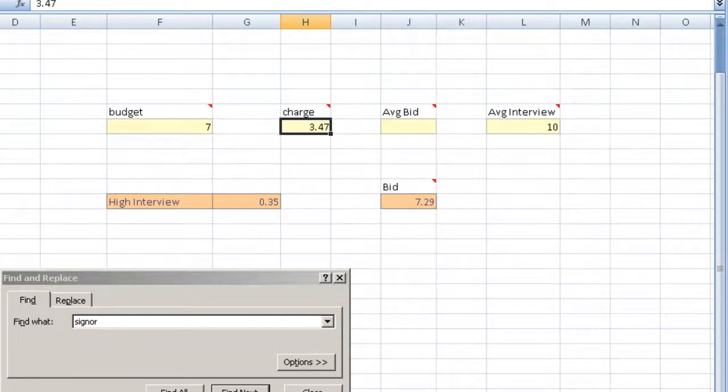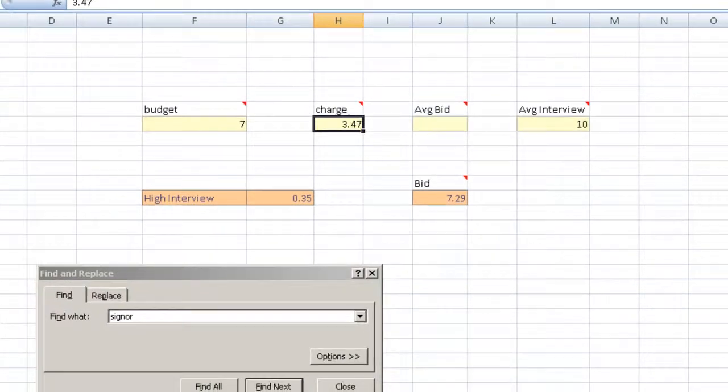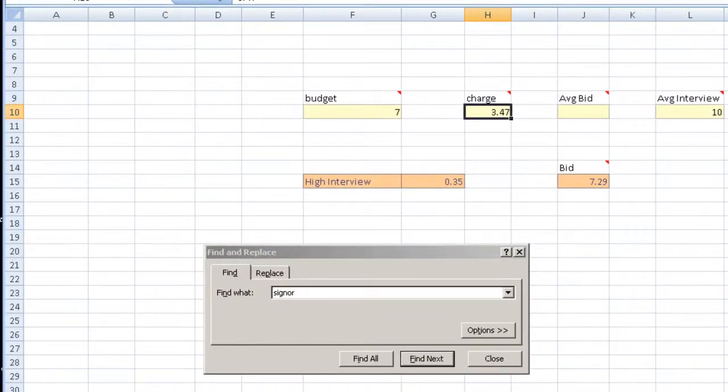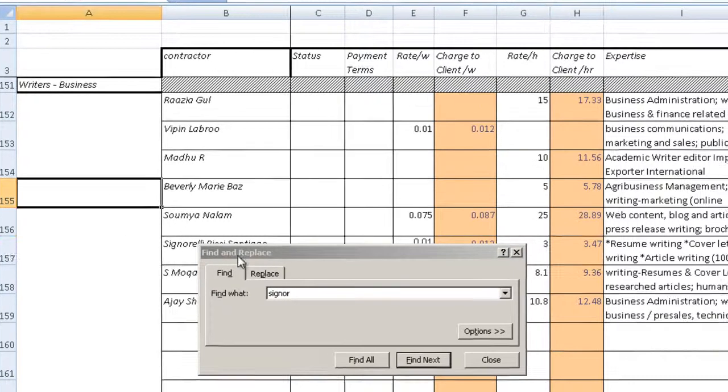Another example is if the client is willing to pay just a little bit under what the normal bid amount would be. So let me see if I can find another contractor that fits that description.